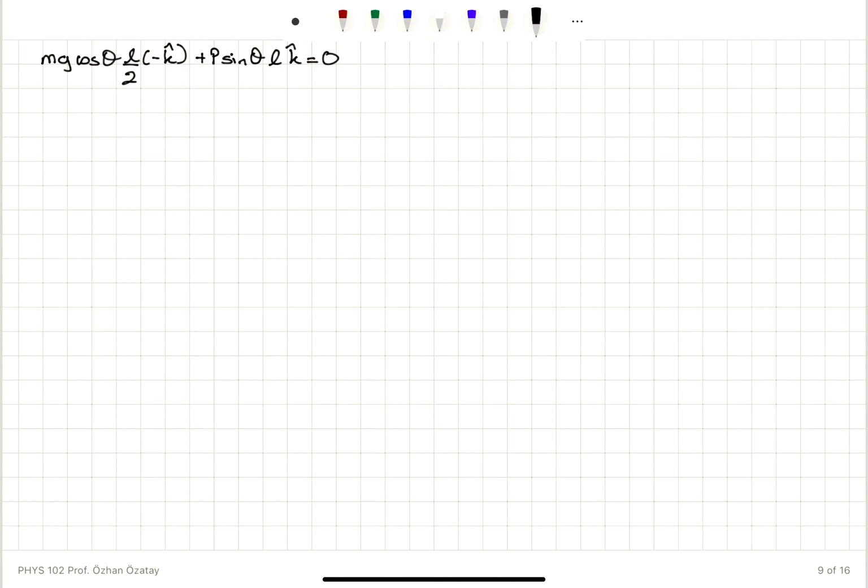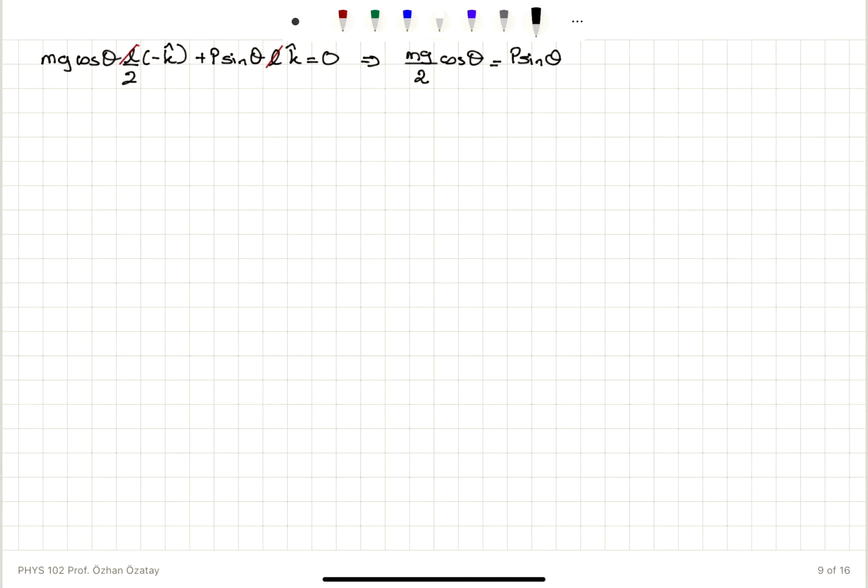Okay, so this is basically telling me that mg divided by 2 cosine theta must be equal to P sine theta. Why? Because these L's will cancel.